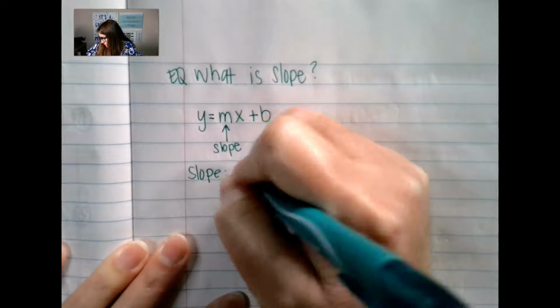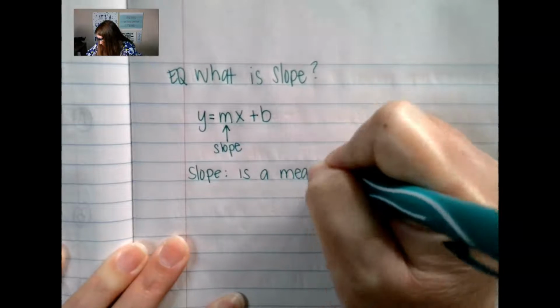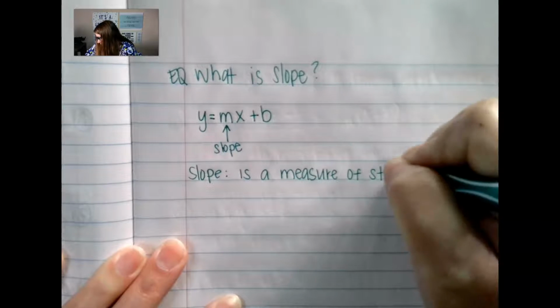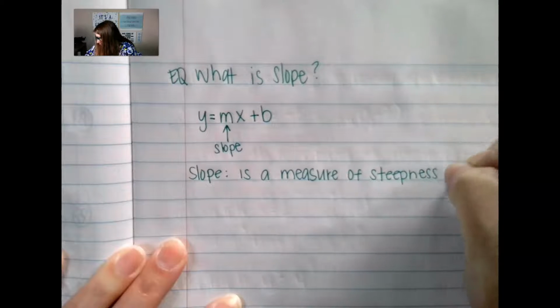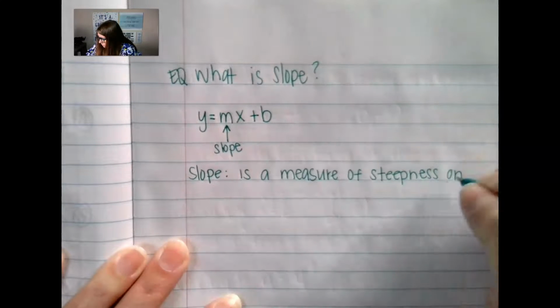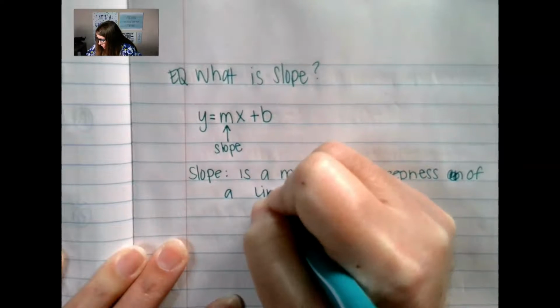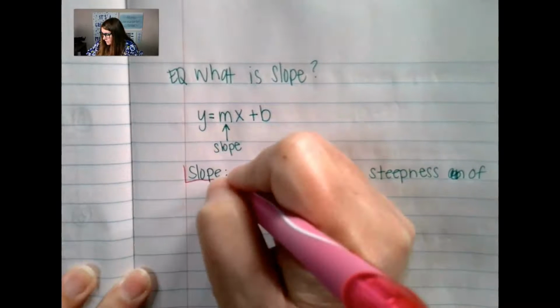Oops, that should be, slope is a measure of steepness of a line. Okay, so we have slope, and it's the steepness of the line.